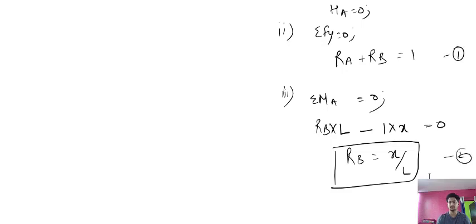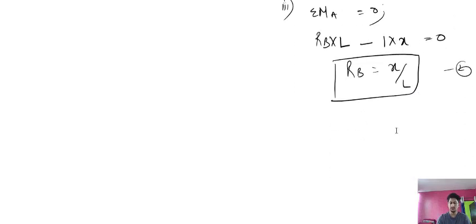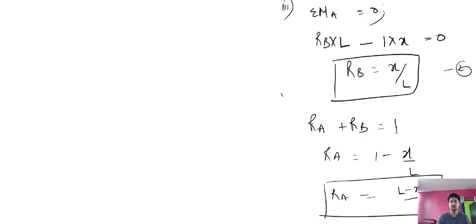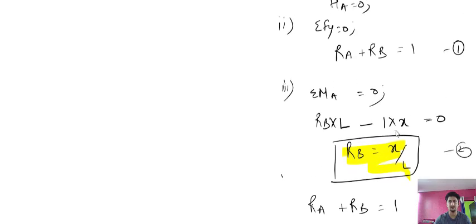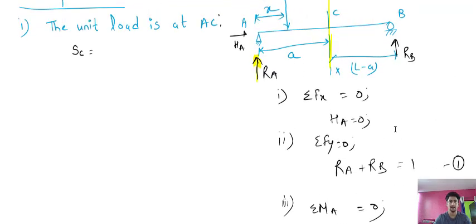Put the first into the second: Ra plus Rb equal to 1, so Ra will be 1 minus Rb, and Rb is x upon L. So you will get Ra as L minus x upon L. Now you have the values of Rb and Ra. This is the similar procedure you followed in calculating the reaction.